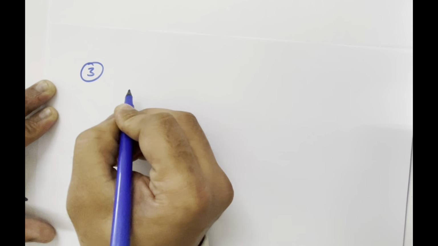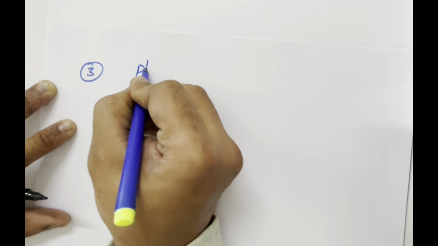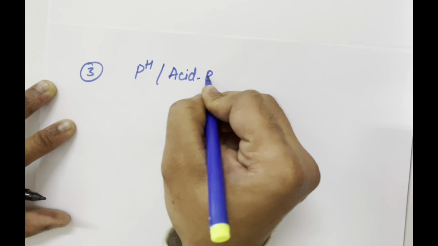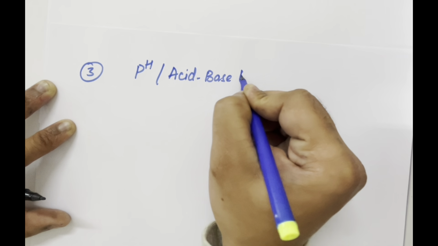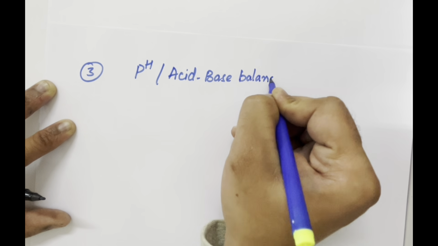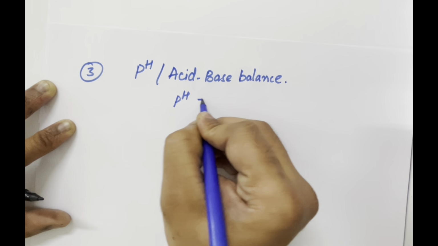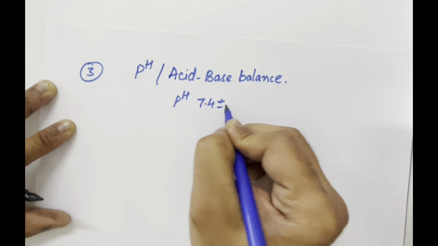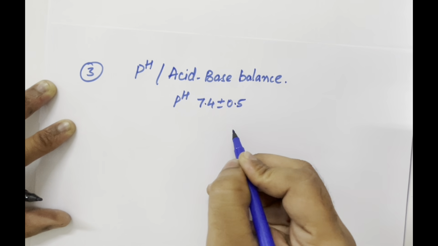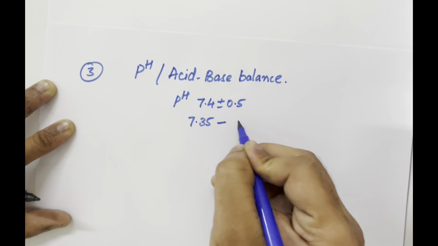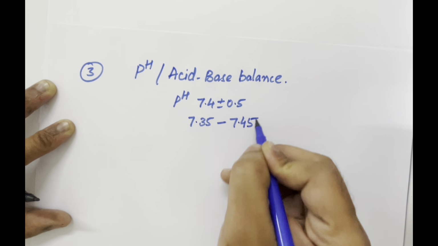The third function is the role in regulation of pH or acid base balance. See, the normal pH of blood is around 7.4 plus or minus 0.5, so there is a narrow range of pH, that is 7.35 to 7.45.